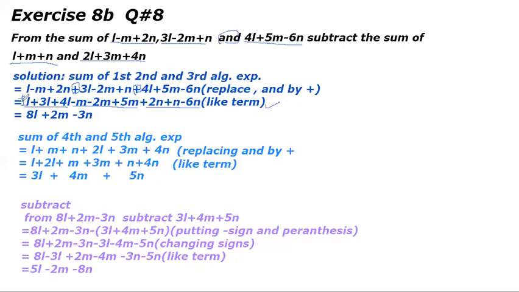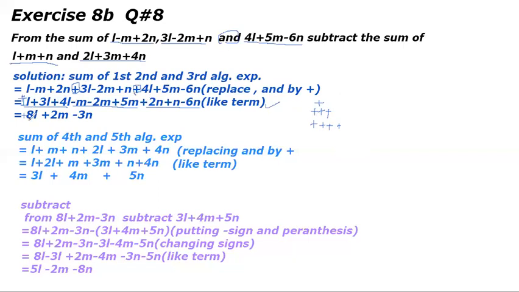Positive 1L means a positive sign 1 time. Positive 3L means a positive sign 3 times. Positive 4L means positive L 4 times. Now if you add the total, they are 8 times.